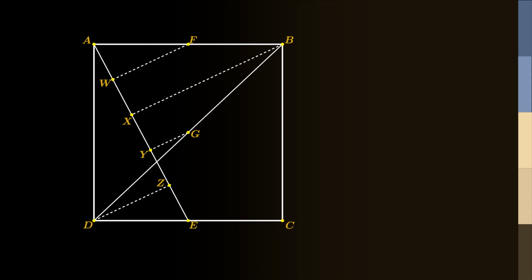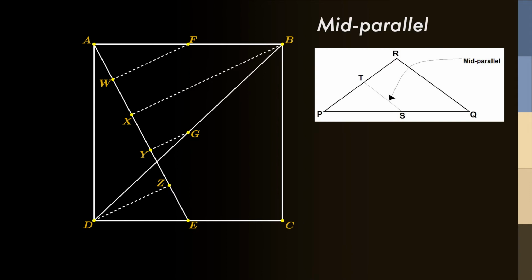In this proof, we will make use of a special line in triangles that is called the mid-parallel. A mid-parallel in a triangle is a line which connects the midpoints of 2 sides of a triangle. That line is parallel to the third side and is, by the way, also equal to half the length of that third side, though we won't be needing that last property.